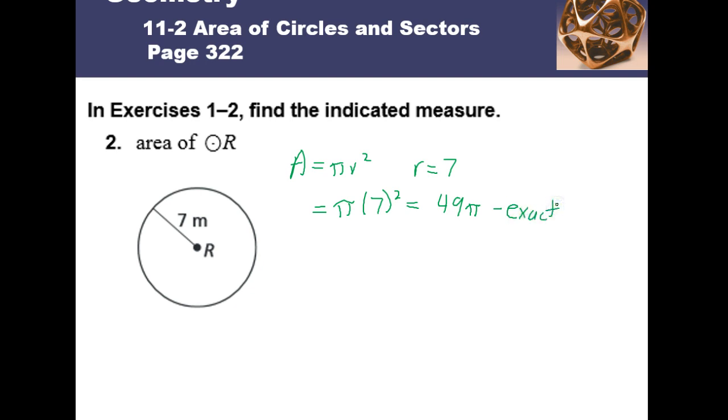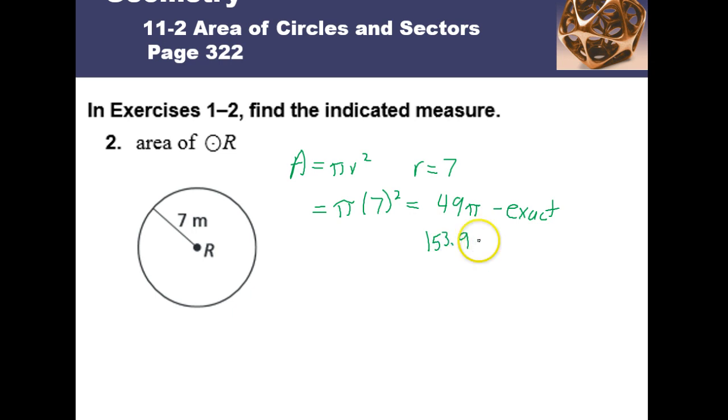And for my inexact answer, when I multiply by the pi button, so 49 times the pi button on my calculator, I get 153.93. So 153.9 would be my approximate answer.